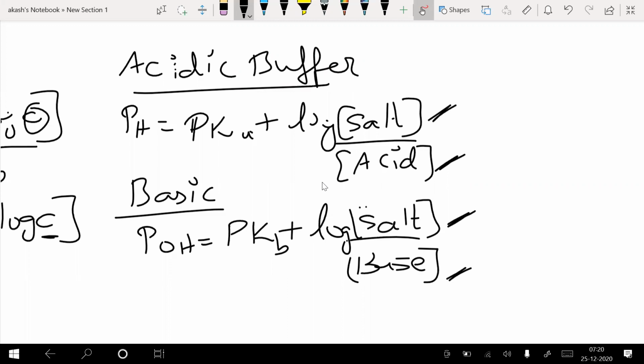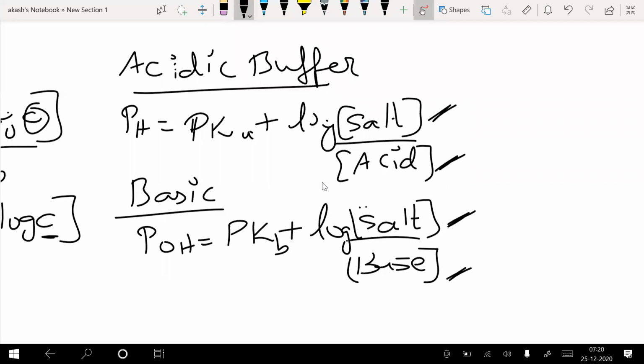Right. The question is, calculate the pH of a solution in which 0.2 M NH4Cl and 0.1 M NH3 are present.